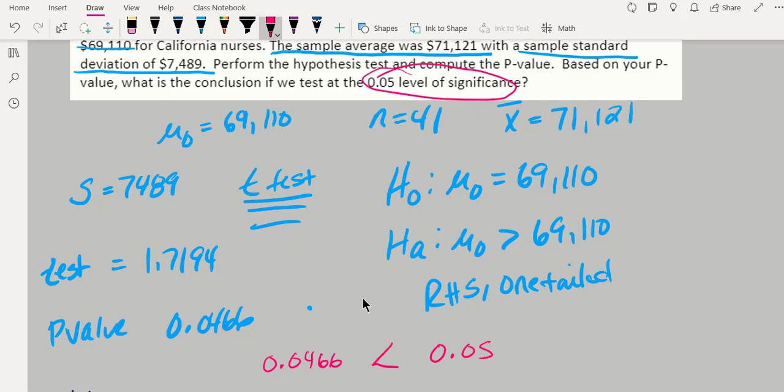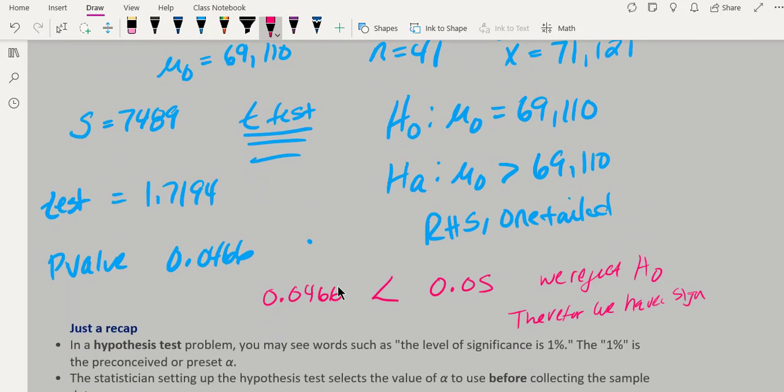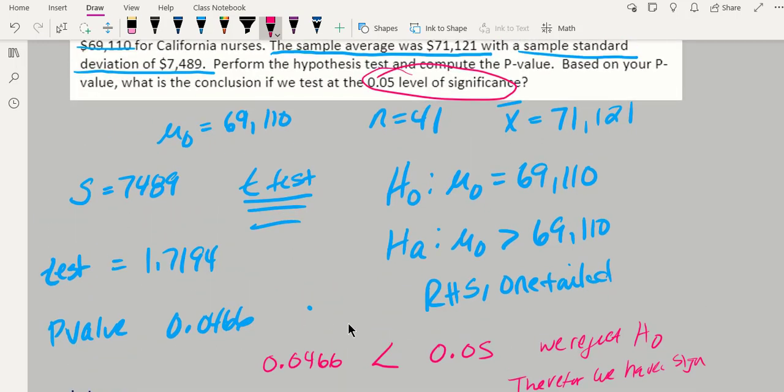And since it is less than, we reject our null hypothesis, right? And therefore, we have significant evidence that nurses earn more than the average of $69,110. Okay? And that will be it for our video here. Let me know if you have any questions.